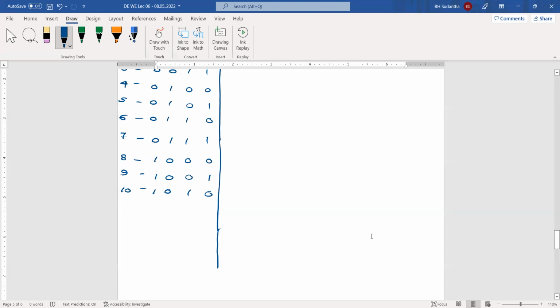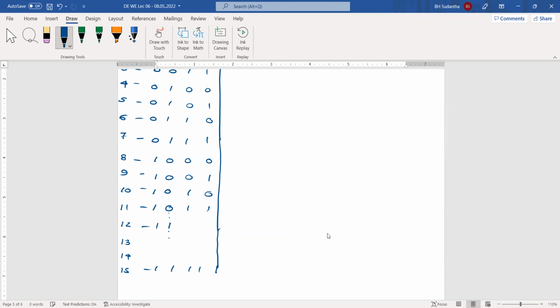Okay, then 10, 11, like that, but the binary pattern doesn't stop here. It's 11, 12, 13, 14, 15. 15 means 1, 1, 1, 1. If you want, you can fill this one: 1, 0, 1, 1.